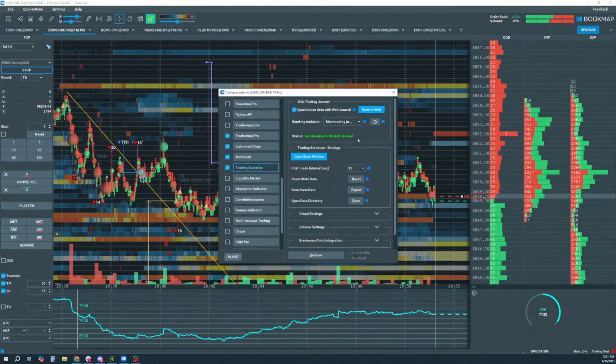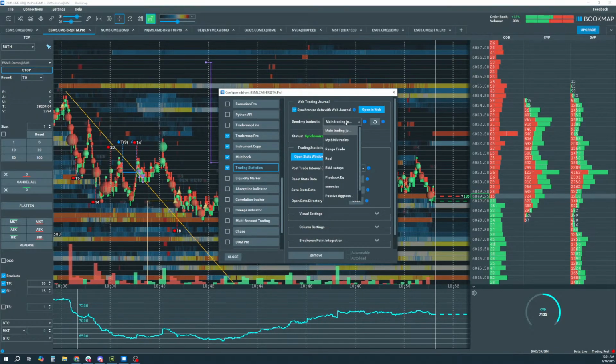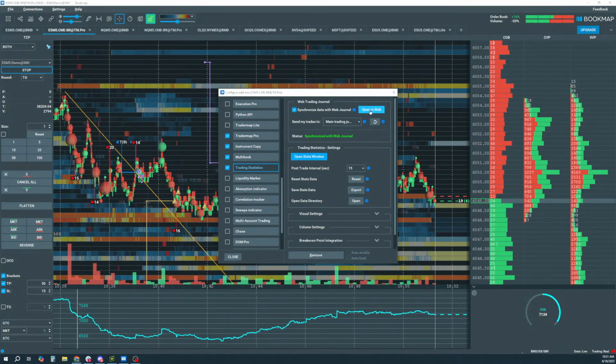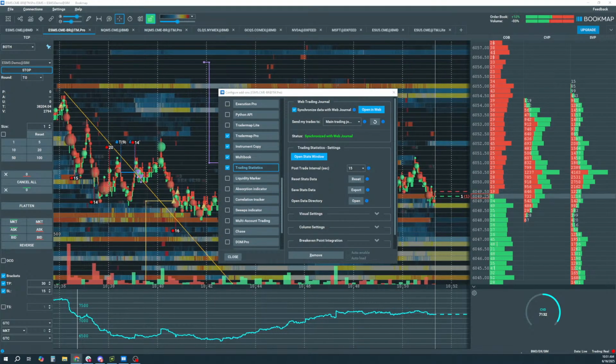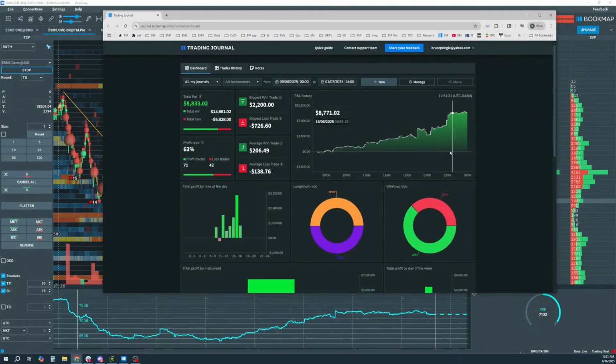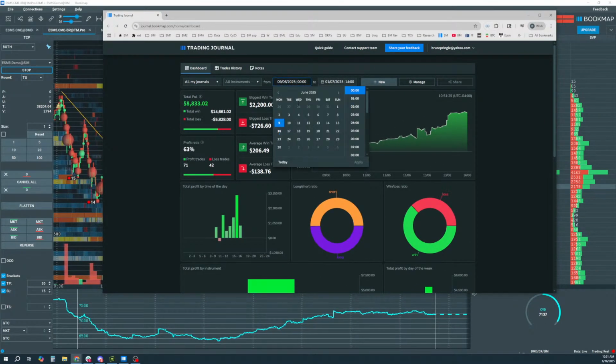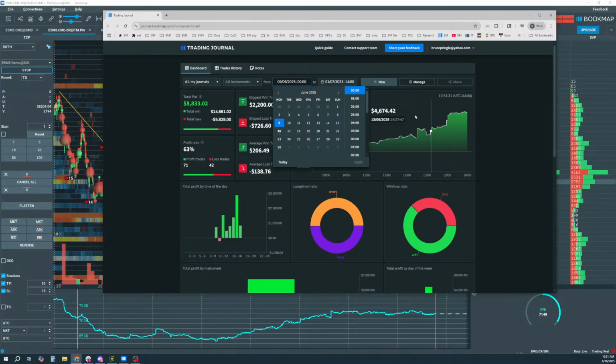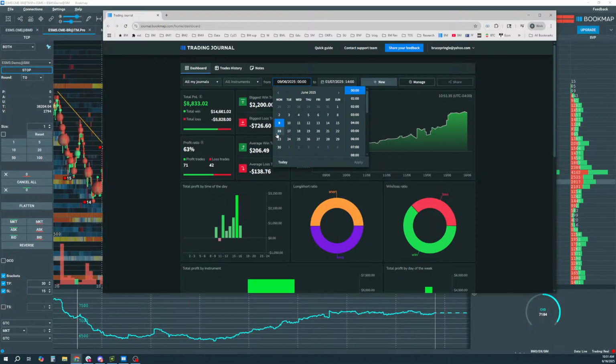So with the trading statistics, main trading journal, we can look at our demo account and open it up in the web trading journal in here. I've got the journal going back from last week. This is one week's worth of data, from the 9th Monday to today Monday.